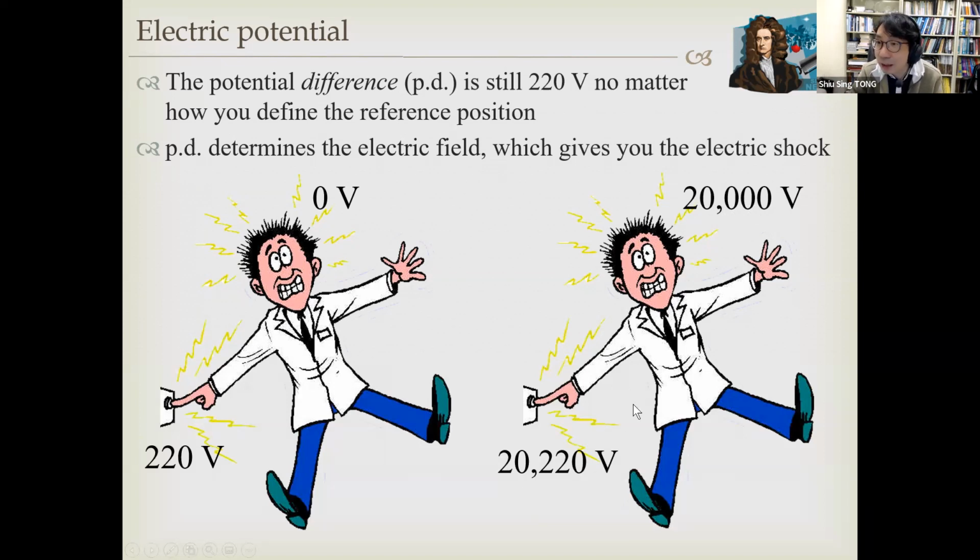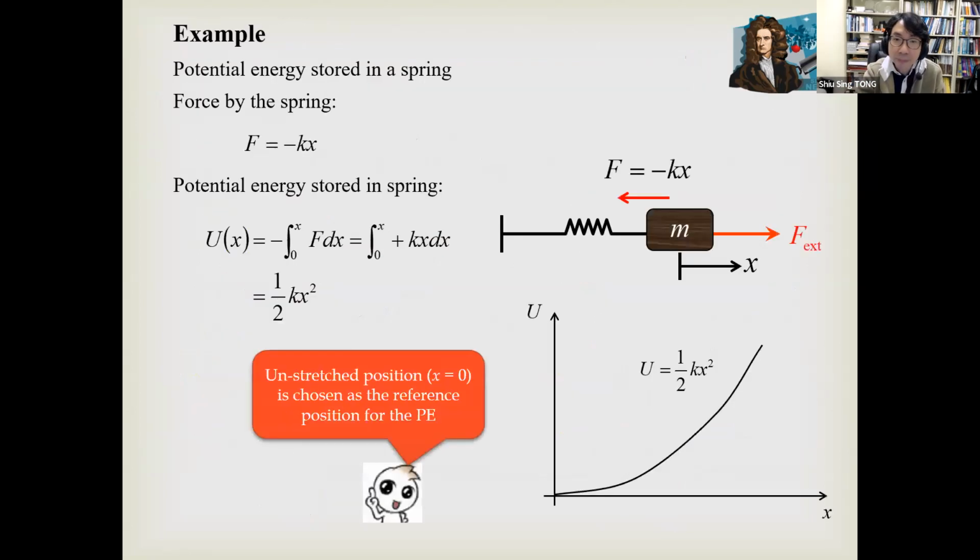So the potential difference is the same. The same electric field goes through your body, the same current goes through your body, and you are going to die. Okay, so that is the important thing. It is the potential difference that determines the force, and that determines what actually happens in the real world. It is not the absolute value of the potential that matters. Okay.